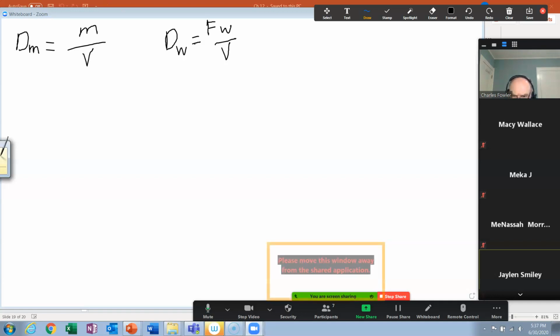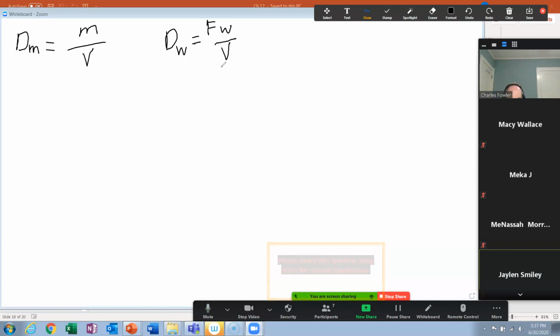Okay? And it's usually only in the U.S. customary system that we use weight density, and that would be pounds per cubic foot. Sometimes other density units, but usually pounds per cubic feet. Okay? So the volume is the volume.